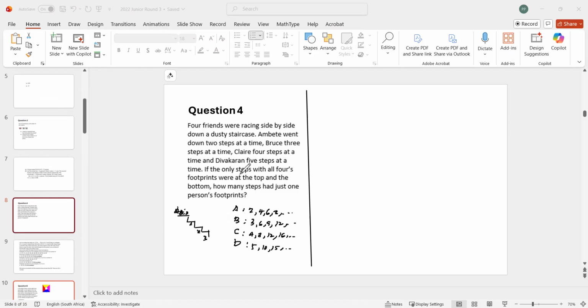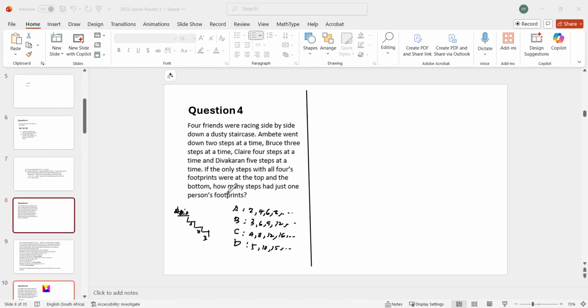Okay. Now, if the only steps with all four's footprints were at the top, okay, now you've got A, B, C, D. Now you can see that's why it's dusty, because you want the footprints to show. Right, now this is a good problem. The guy who set this question, he thought about everything.